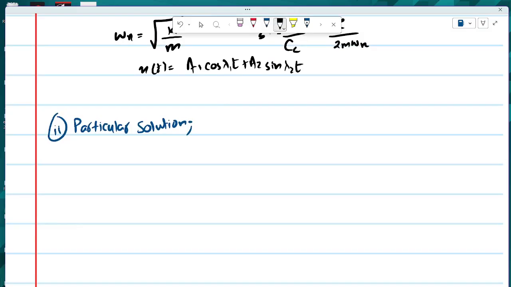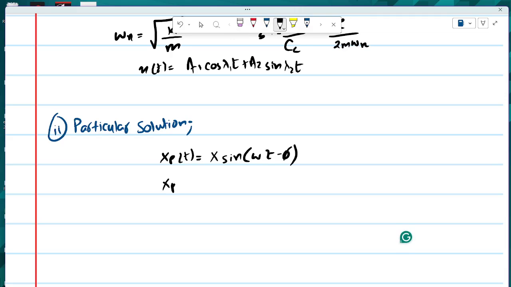For this particular solution, because our excitation is harmonic in nature, the solution will be similarly harmonic with the same frequency. So we can write the general solution for our particular part as X sine of omega t minus phi, and using this general solution we can have a derivation.